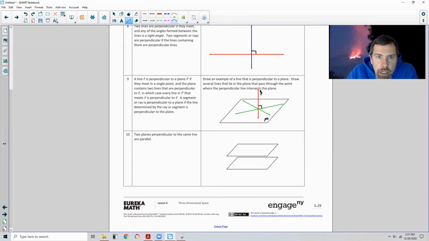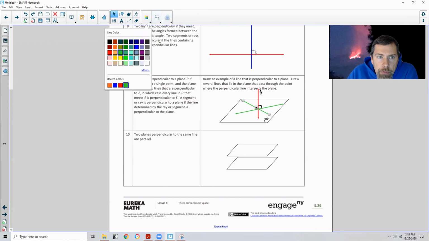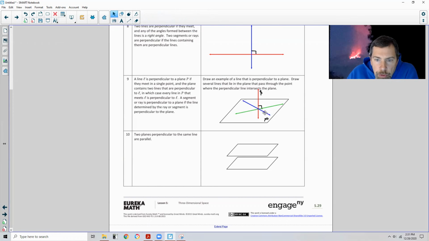Actually, let's change the color. So let's make one of these green ones, I don't know, blue. Okay, so the red line is perpendicular to the blue line, and the red line is perpendicular to the green one. Then the blue and green lines are on plane P, then line L has to be perpendicular to the plane, is what this is saying.